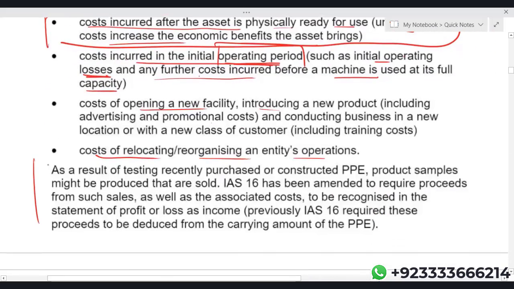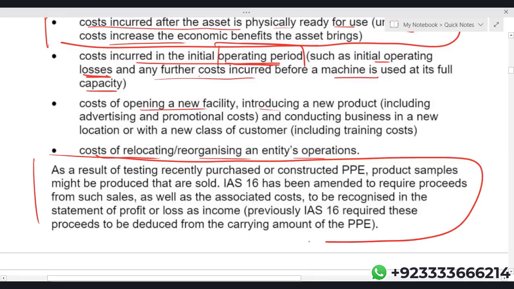Now, this one is very important, the last area. There's a little change in IAS 16. And what is that change? Basically, let's say you have installed the property, plant and equipment. Obviously, there is going to be some test running.